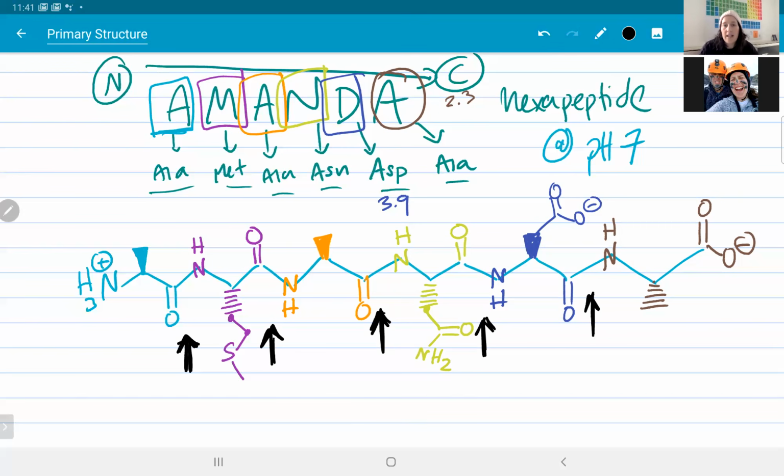All right, so if we make a hexapeptide, we will lose 5 molecules of water. It'll always be that way. It'll always be the number of amino acids minus 1 that will be the number of water molecules you'll lose in this dehydration reaction.